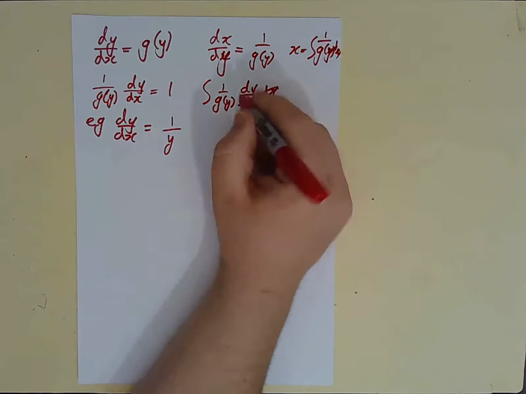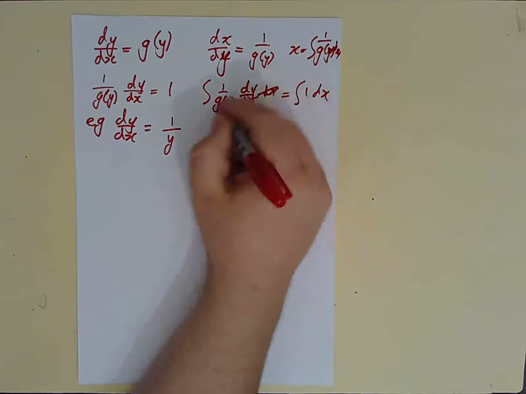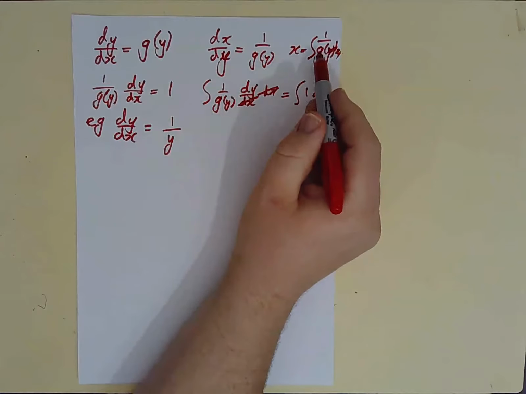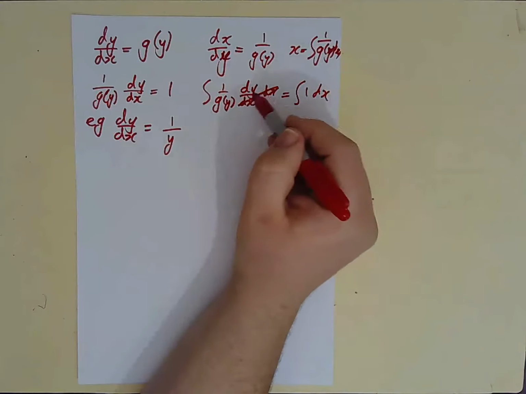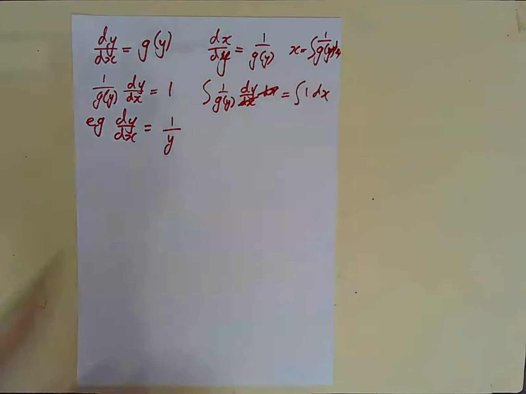Now, it's not strictly speaking true what's happening. Now I've got the integral of 1 dx. So effectively I'm still doing the same thing. I'm integrating the 1 over g of y with respect to y. It's just how I think about it slightly differently.